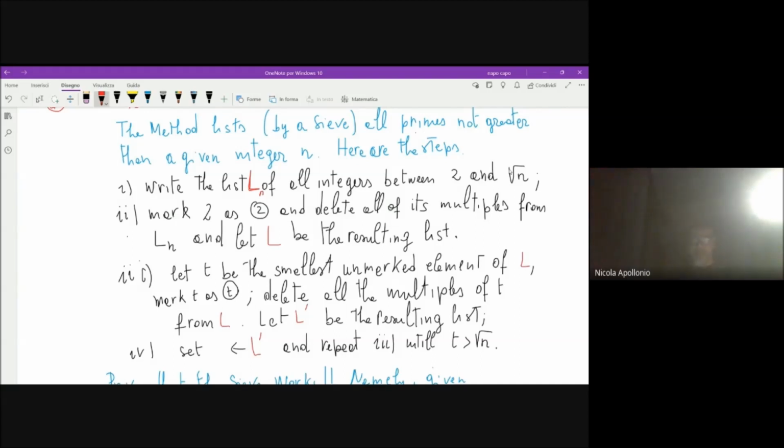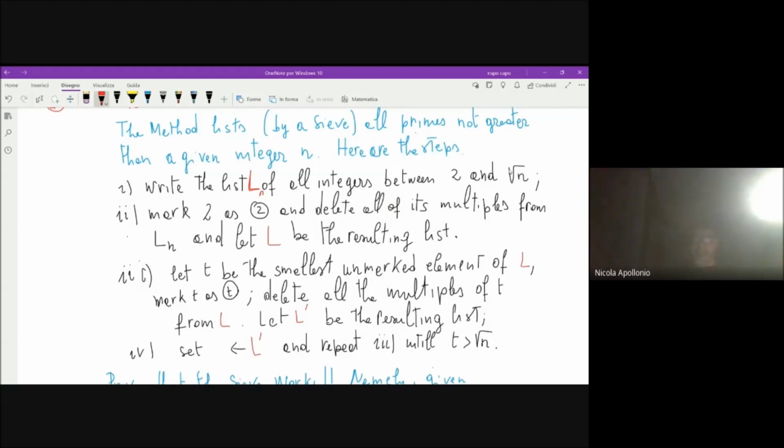Pick 2 and mark it. Just put a check, color it, and circle it. Just mark.